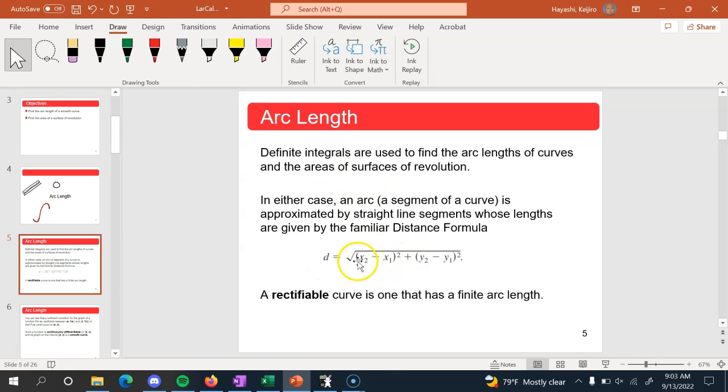It's the distance between 2 x values squared added to the distance between 2 y values squared, and then the square root taken of that. That's just the distance between 2 points in the plane, x1, y1 and x2, y2.